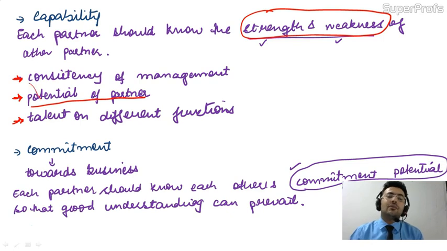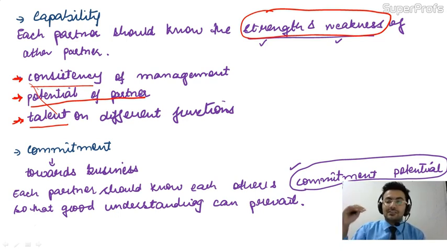Then talent in different functions: is that company operating only in a single segment, or across various segments? Consistency of management: is management consistent with its performance, are the shares consistent with the performance, and is growth consistent or are there fluctuations like this?